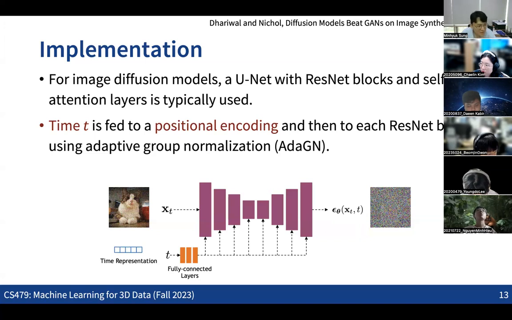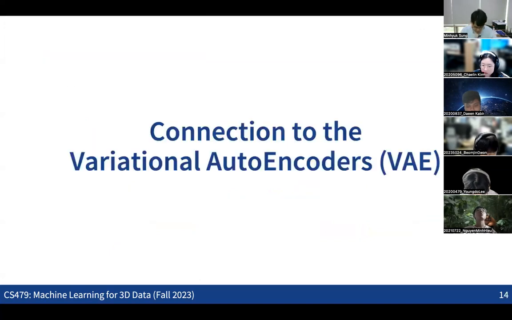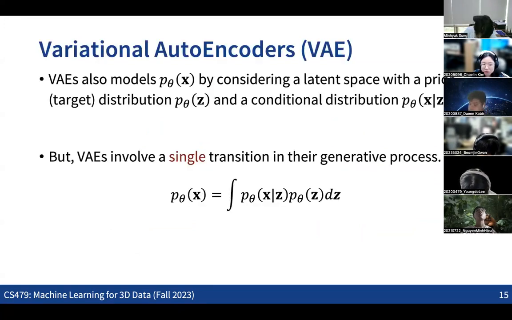We're going to first briefly see how this diffusion model is connected to the variational autoencoder, the VAE. I'm going to assume that all of you have some basic idea of the VAE, but just in case you are not familiar with it, let's briefly recap the idea of the VAE.